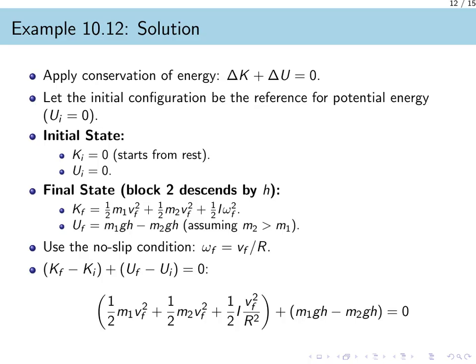The net final potential energy is therefore m1gh minus m2gh. Finally, we use the no-slip condition, which relates the pulley's final angular speed, omega final, to the block's final translational speed, v final.